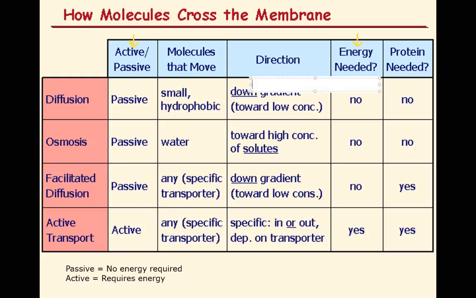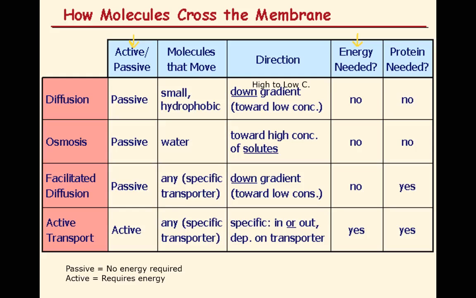Down the concentration gradient, remember, is high to low. I'll put C for concentration. Again, no energy is needed, which we defined with it being passive. And remember that diffusion just goes between the phospholipids itself. It does not need a protein to help it get across, so no protein is needed.